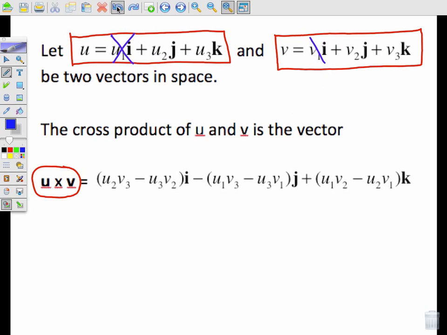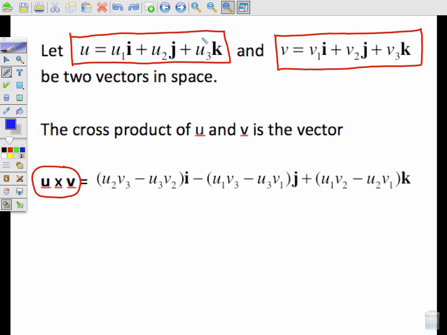Then we've got minus u1 v3 minus u3 v1. In the second component, you're taking out the j's, doing their products and then subtracting j. And then on the last section, u1 v2 minus u2 v1 times k.